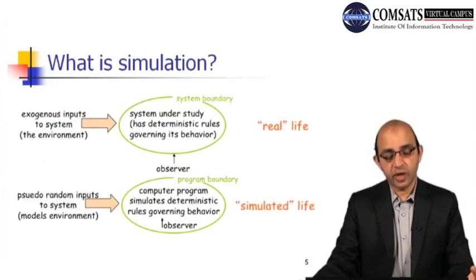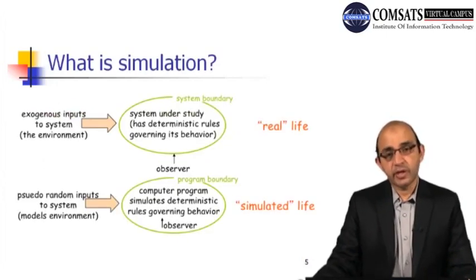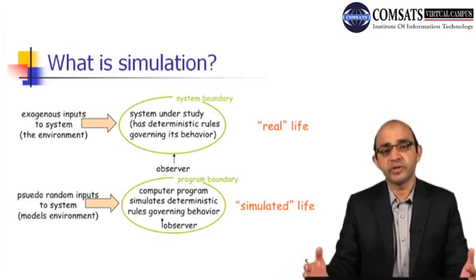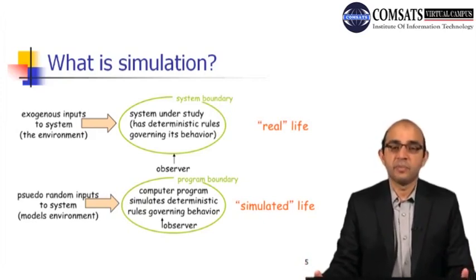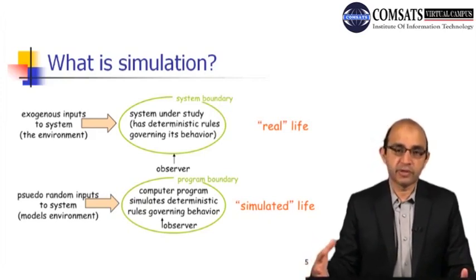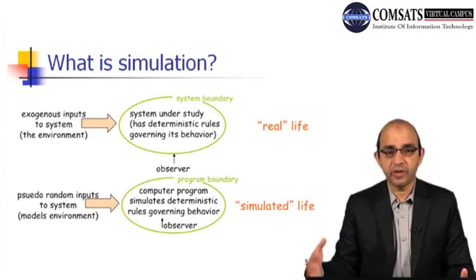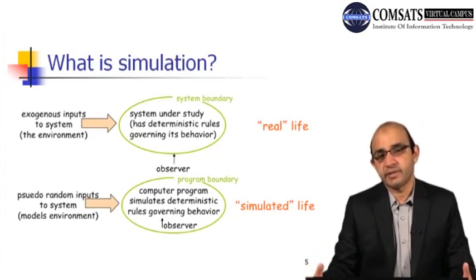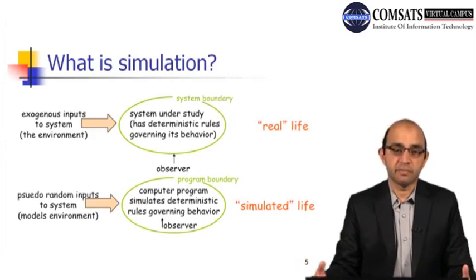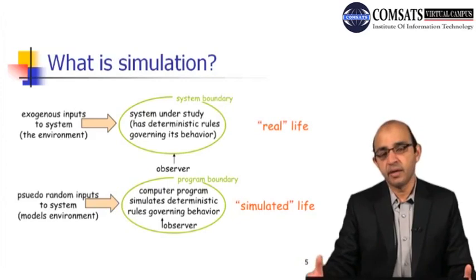So first of all, why do we need simulation? There are a lot of different justifications we can give. For example, we want to design a system, irrespective of whether it's a network, maybe some system that involves some input, output, and maybe feedback. So there are certain parameters, boundary conditions, input, output, feedback.